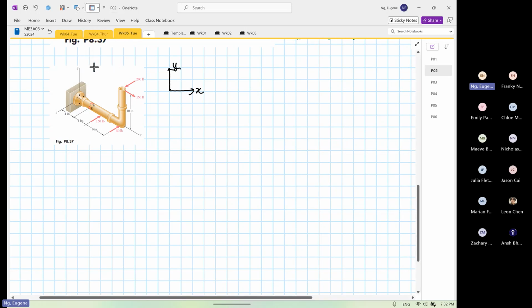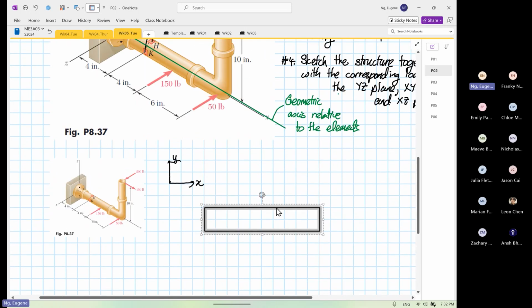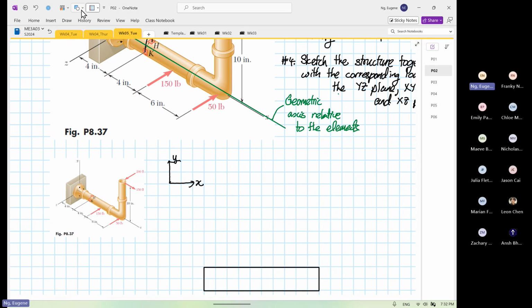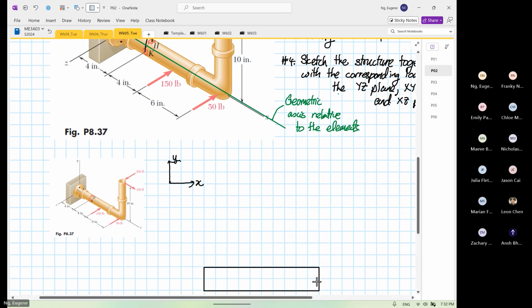It does not need to be perfect. You have something like that, then you have the structure going upwards. It's just a sketch. 8, 2, 4, 6.